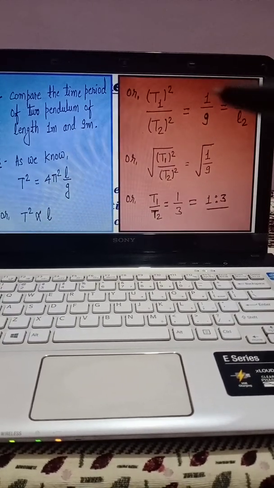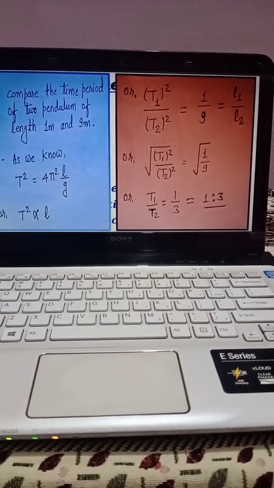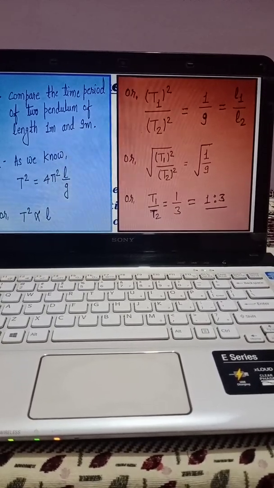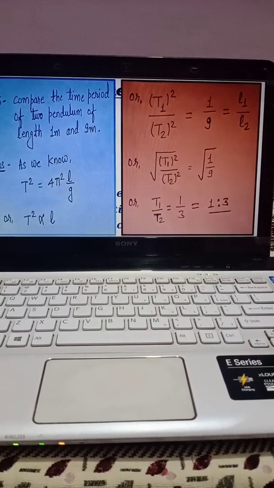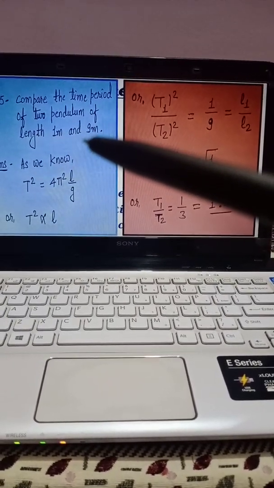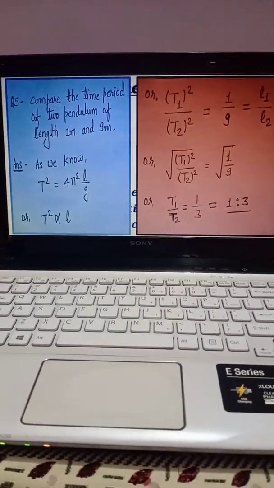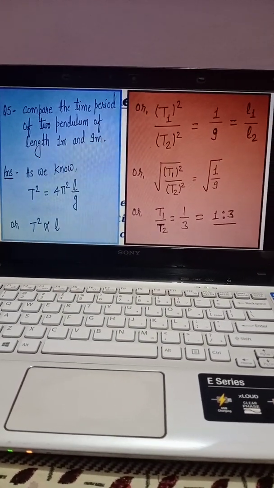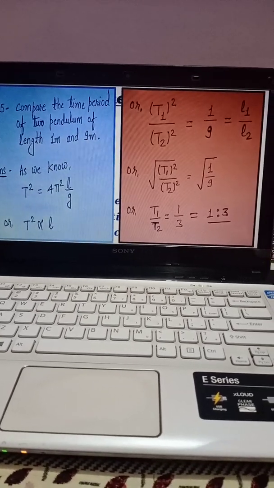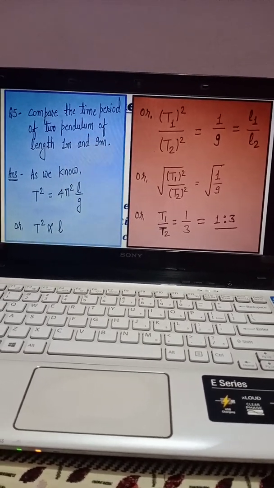After solving it, we get the ratio as 1 is to 3. So when the lengths of the two pendulums are 1 meter and 9 meter, the ratio of their time periods is 1 is to 3.